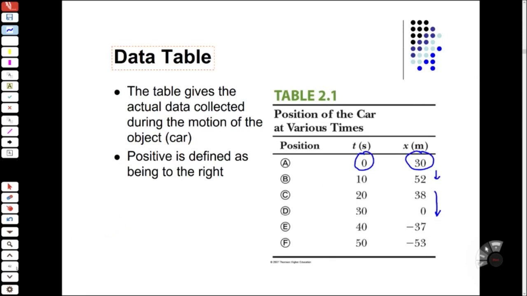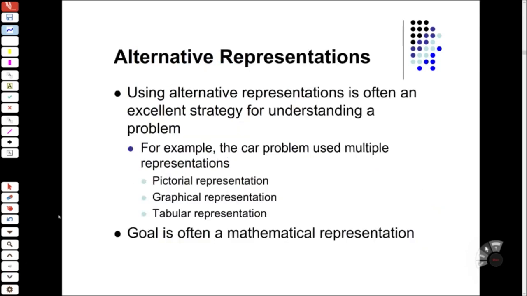So all three give you the same way of describing the motion of the car. But these three are not enough to give an accurate description of a car, so you can use a mathematical representation to describe the motion of a car.